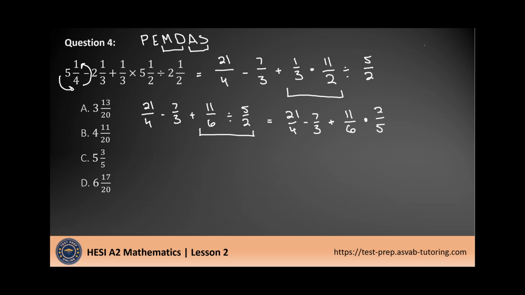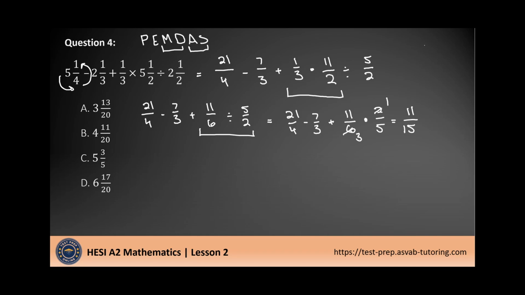We can simplify this just a little bit by noticing that 2 and 6 are both divisible by 2. 2 divided by 2 is 1. 6 divided by 2 is 3. Now we multiply across. 11 times 1 is 11. 3 times 5 is 15.